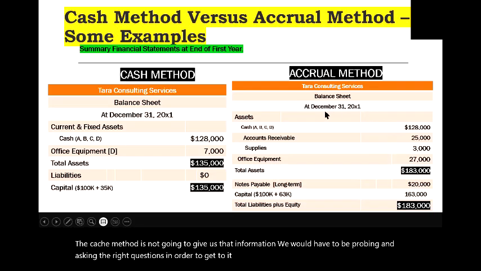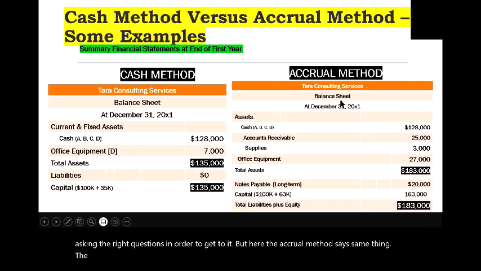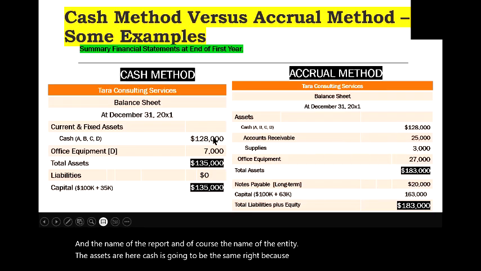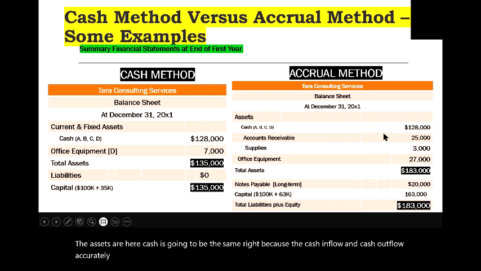But here, the accrual method says, same thing. The date is going to be on a specific day, in this case, the last day of the fiscal year, and the name of the report, and of course, the name of the entity. The assets are here. Cash is going to be the same, right? Because the cash inflow and cash outflow were accurately recorded in both cases.